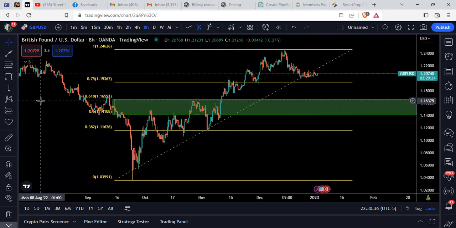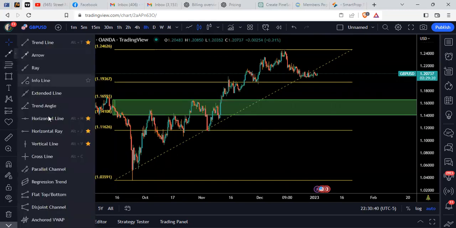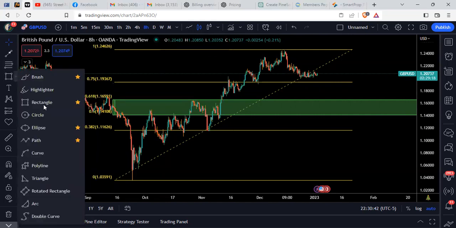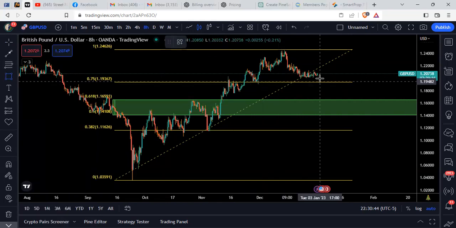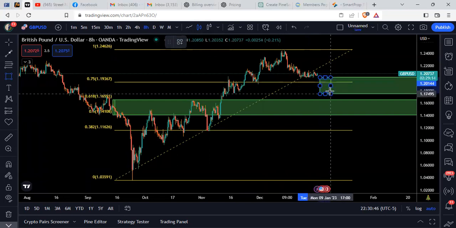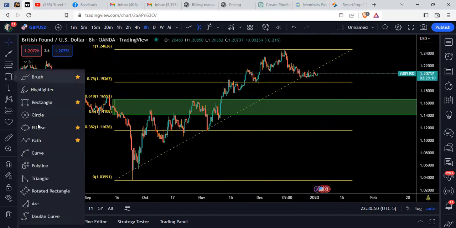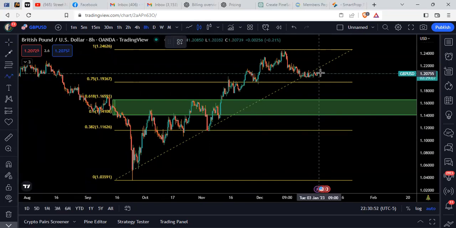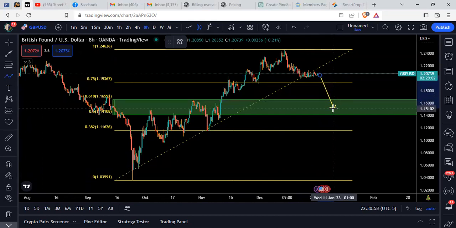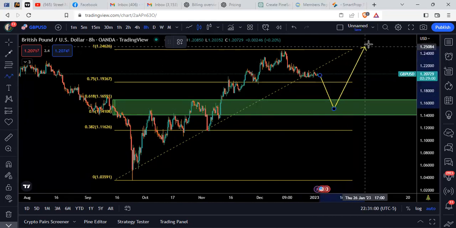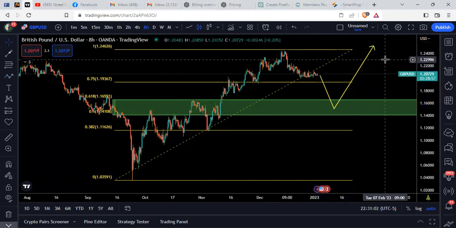So we can see on the 8 hour, we might see a little pullback. So we might see price do something like this and reject somewhere up in this area and continue in the uptrend.